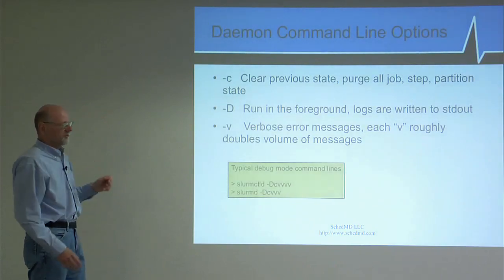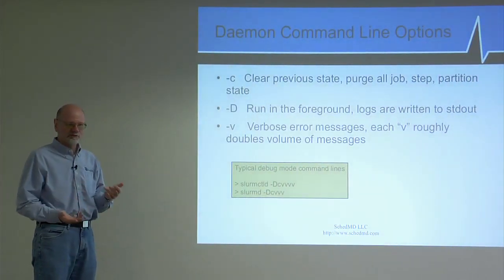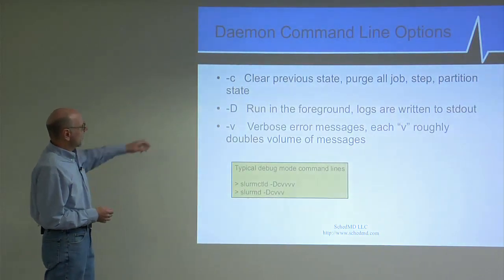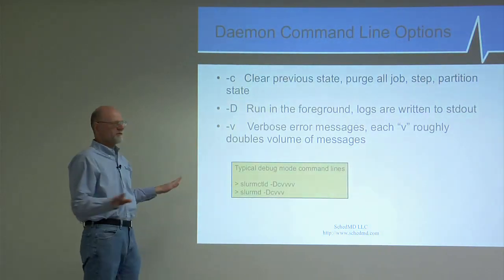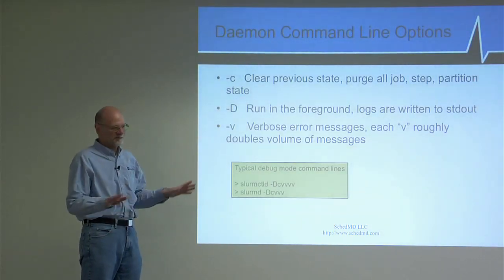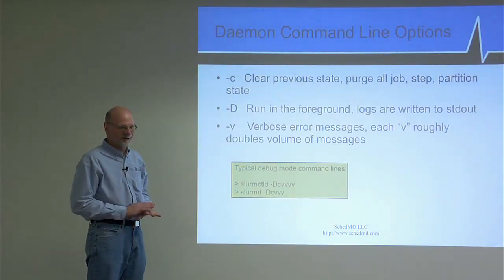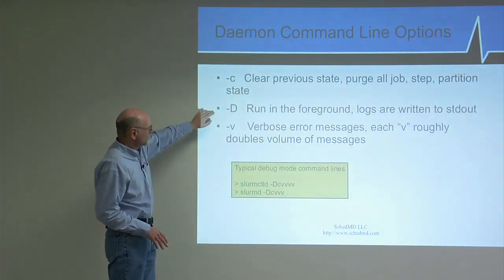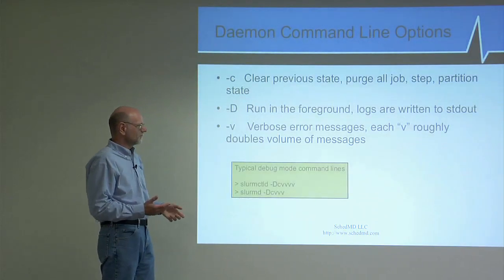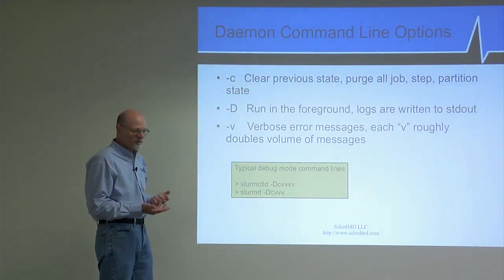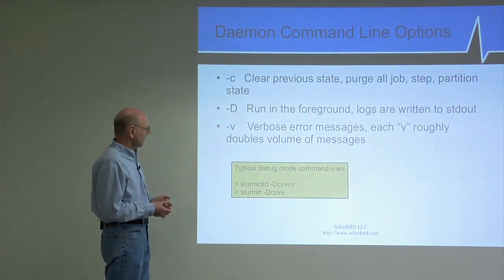Your daemons all have a few options, and if you're starting this stuff up and you're doing debugging, this might be useful for you. There's a -c, which clears all your previous state. So say you're messing around, things got into some bad state, you want to just throw it away and start clean: -c. -D runs in the foreground and writes your logs to standard out. So for debugging purposes, that can be handy.